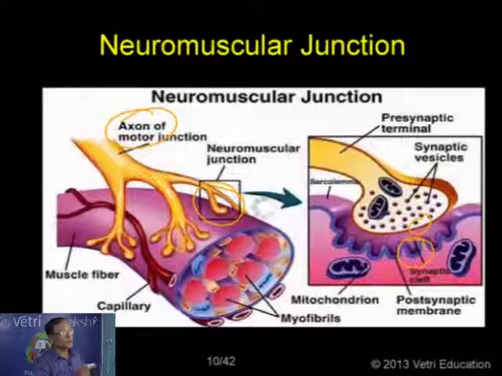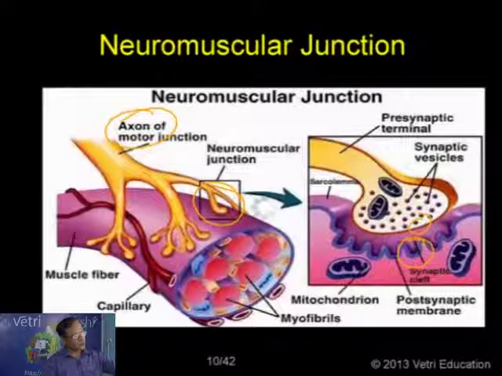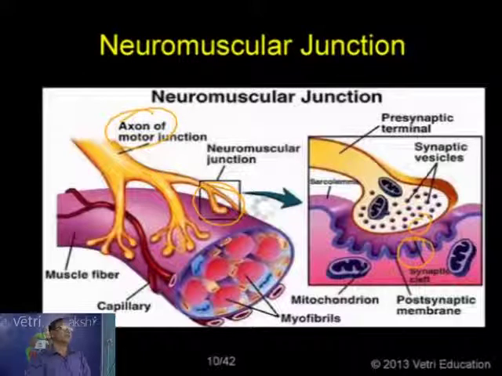In a synapse, the postsynaptic membrane is formed by the dendron of the adjacent neuron, but at the neuromuscular junction it is formed by the membrane of the muscle cell. In this manner, the impulses are conducted from the nerve cell to the muscle so that the muscle does the action. Here the muscle is called an effector organ, as it performs the function.